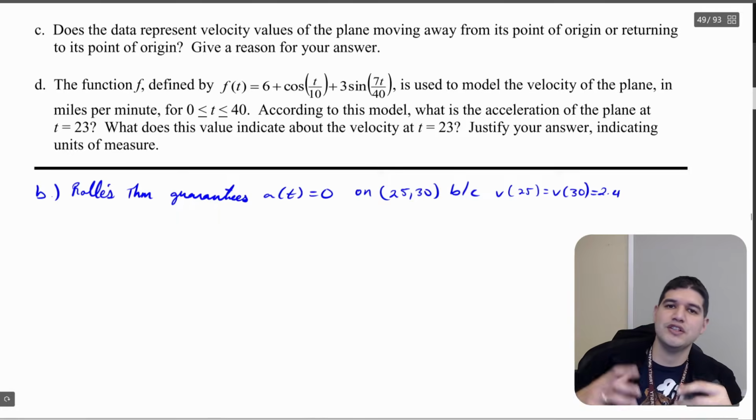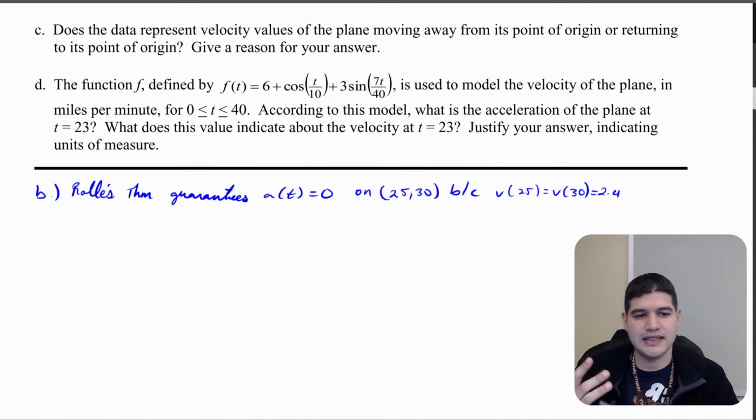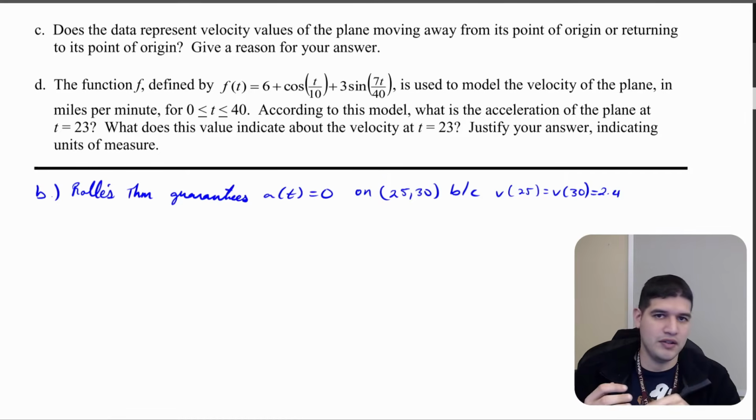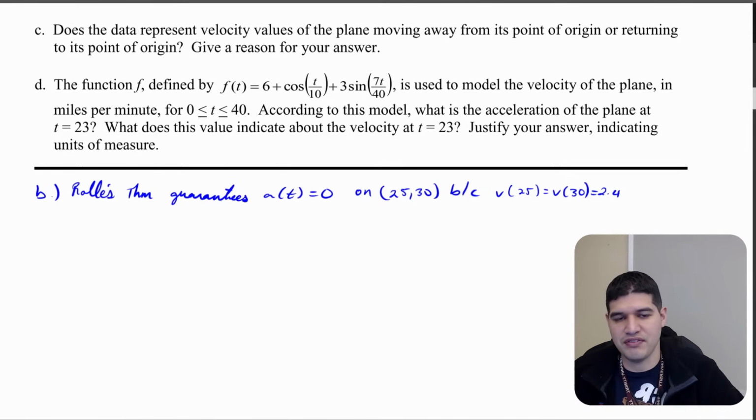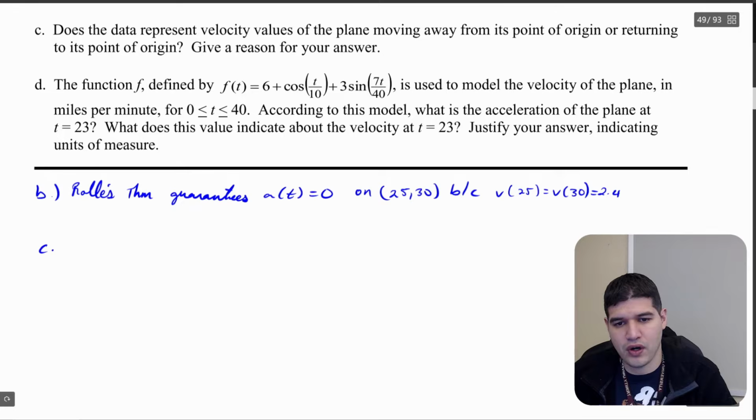So make sure that you specify which theorem you're using, restate your question, and then say what's the evidence for that. Well, we know it's happening because we filled out the theorem and everything checks out. You might also want to say that the function is continuous and differentiable because it is stated in the prompt above. So now let's look at part C.